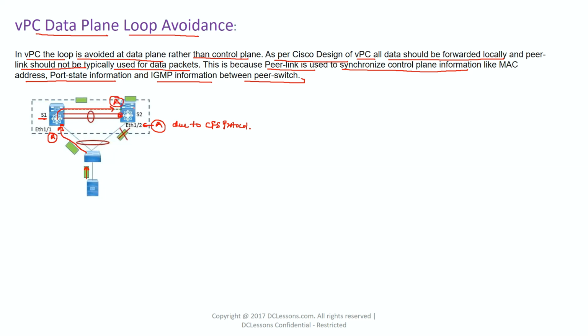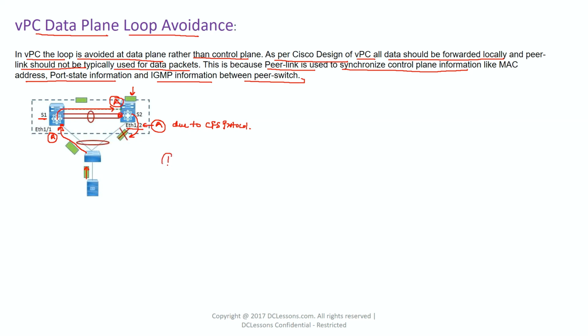Now, because this broadcast reaches here, and the nature of broadcast is that the switch will send this broadcast packet to every port. Before sending this broadcast packet to this Ethernet 1x2 port, it will see that the traffic has crossed the peer link.